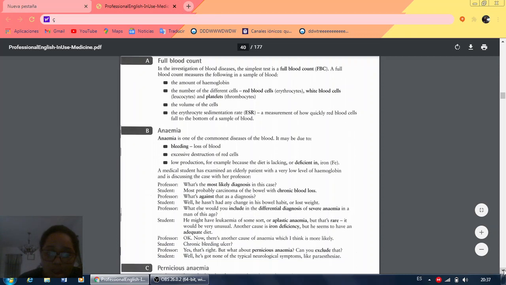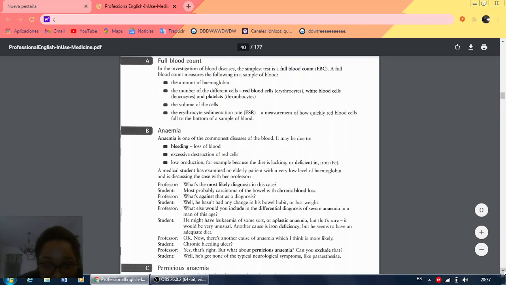Anemia. Anemia is one of the common diseases of the blood, due to bleeding, loss of blood, or reduced production, for example because of iron deficiency.